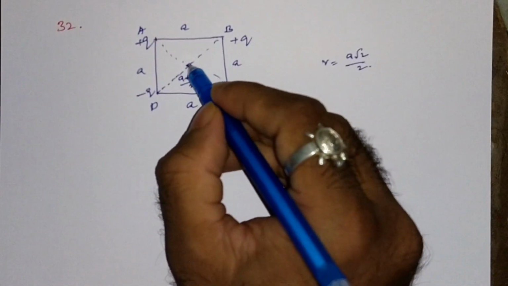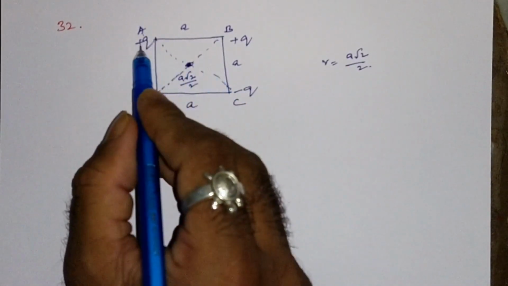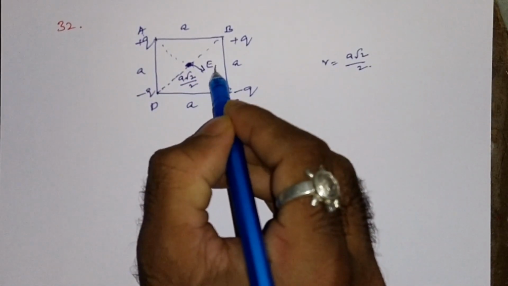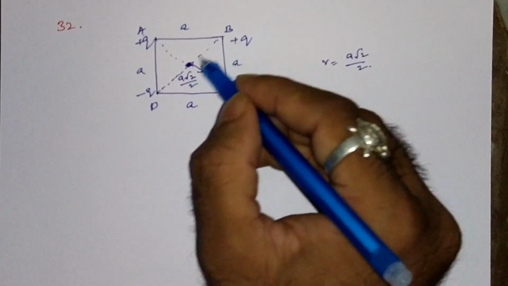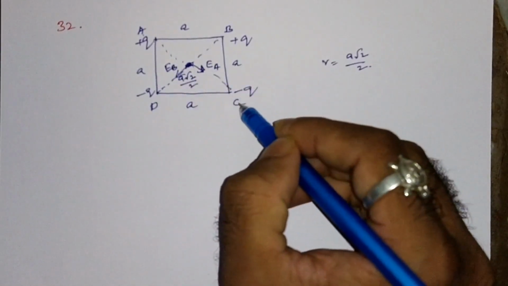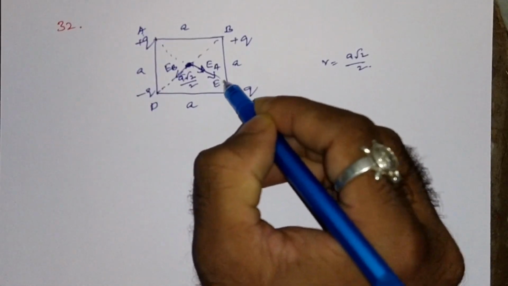Here, what are the directions of E values? Due to A, which is positive, it will be away from that. This is EA. Due to B it is positive, so it is also away from that, EB. Due to C it is negative, so it is towards that, this is EC.